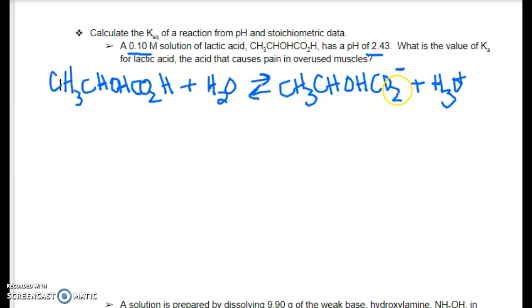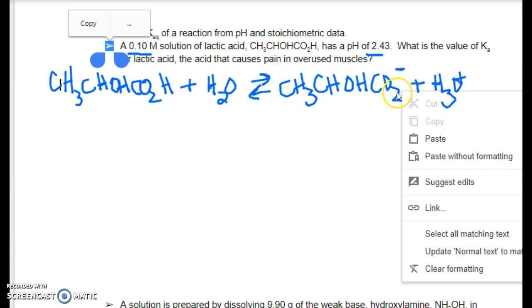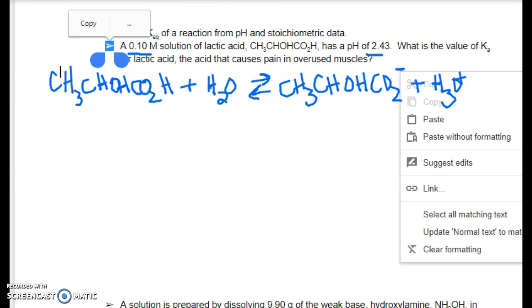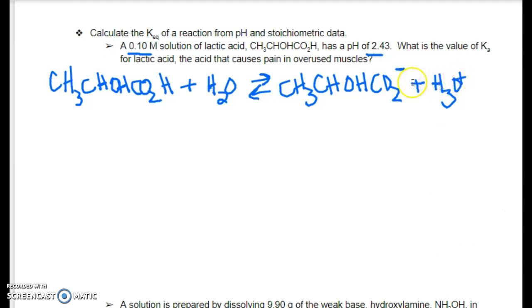So we've lost the hydrogen here, so that same long formula. Okay, it's lost a hydrogen, so it is going to be negative, and that hydrogen is added to the water molecule to form hydronium.